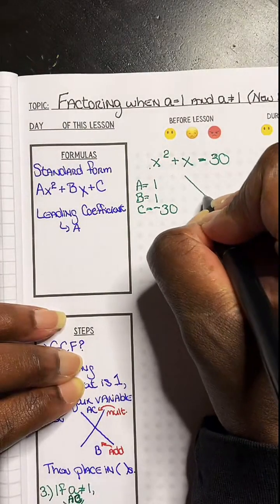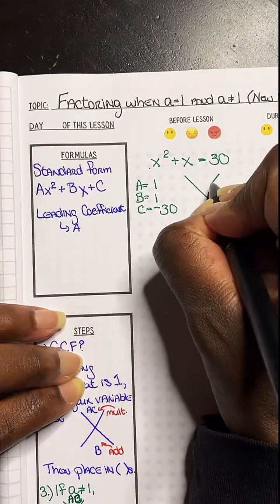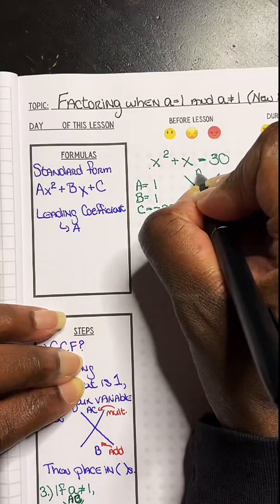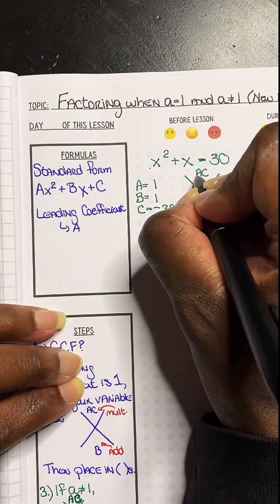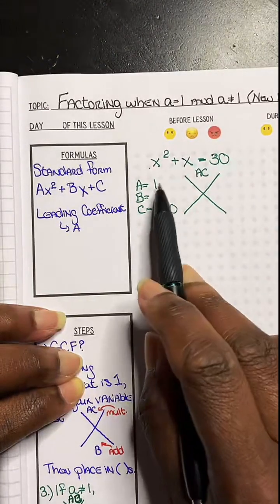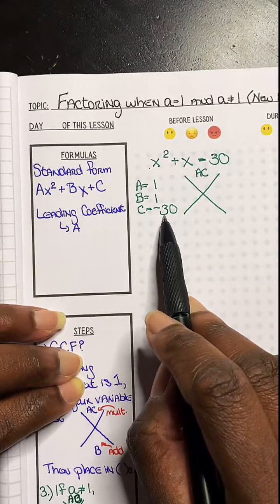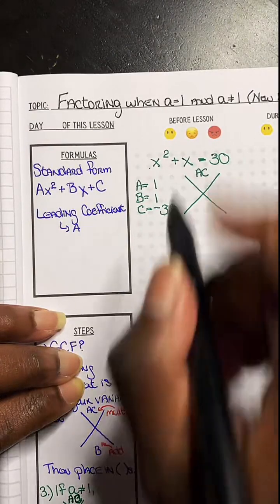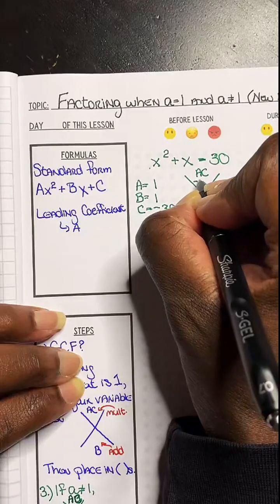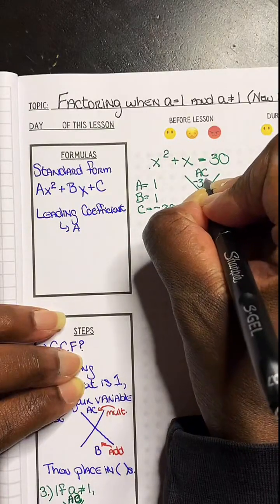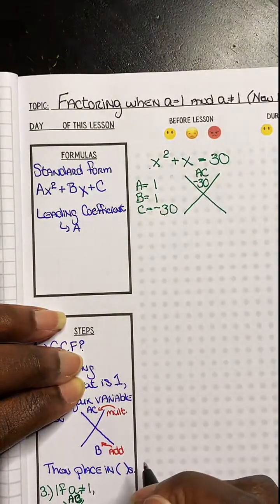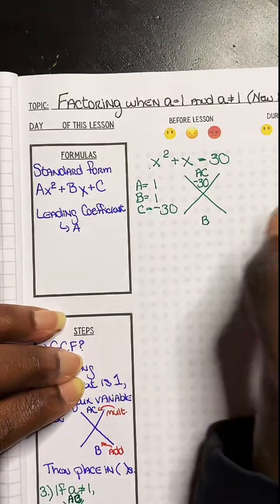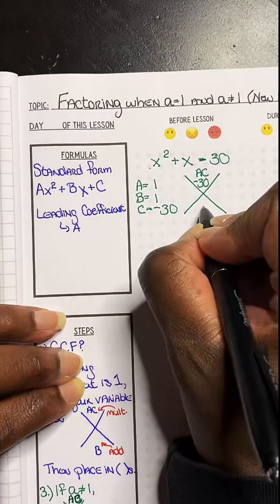So when I do my cross, we always multiply our a and our c. And we all know that 1 times anything is going to be itself. So 1 times negative 30 will be negative 30, and we're going to put that in this spot. Down here, we're going to place our b, and our b is 1.